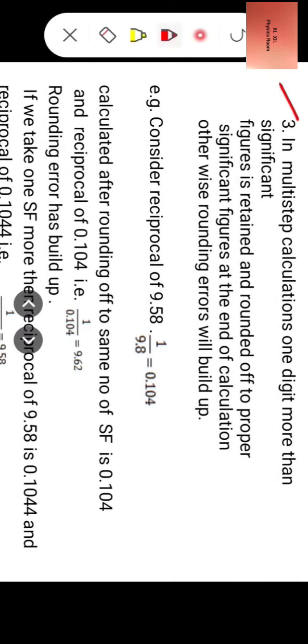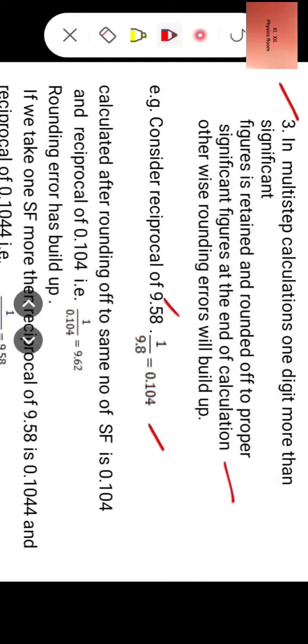Now number 3. In multi-step calculations, one digit more than significant figures is retained and rounded off to proper significant figures at the end of the calculation. Otherwise, rounding errors will build up. Let us illustrate with an example. Consider the reciprocal of 9.58, calculated as 1 by 9.58, equal to 0.104, rounded off to the same number of significant figures.